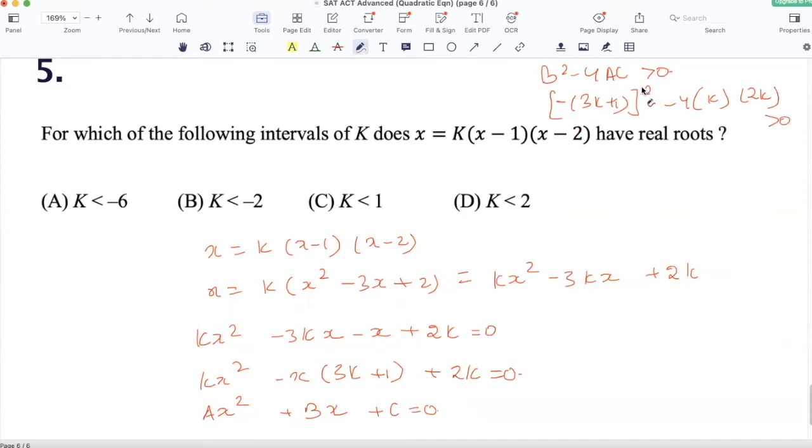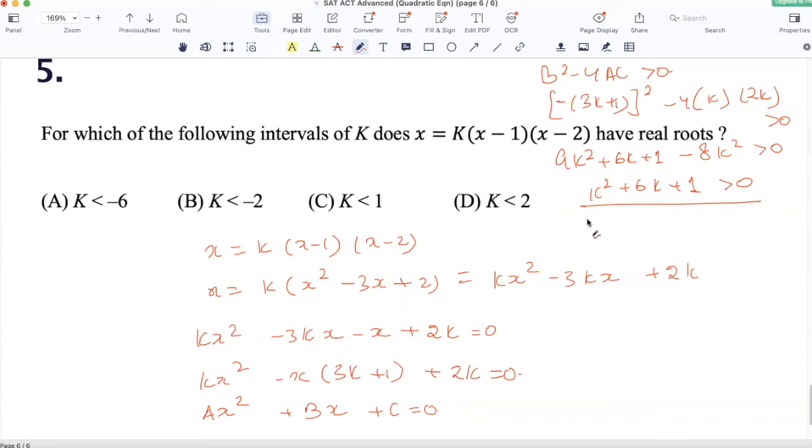The minus squared will cancel because minus into minus would be plus. So (3k plus 1) whole squared would be 9k squared plus 6k plus 1, minus 8k squared, should be positive. So k squared plus 6k plus 1 is positive. Now here we get a quadratic in k, and that expression should be positive.